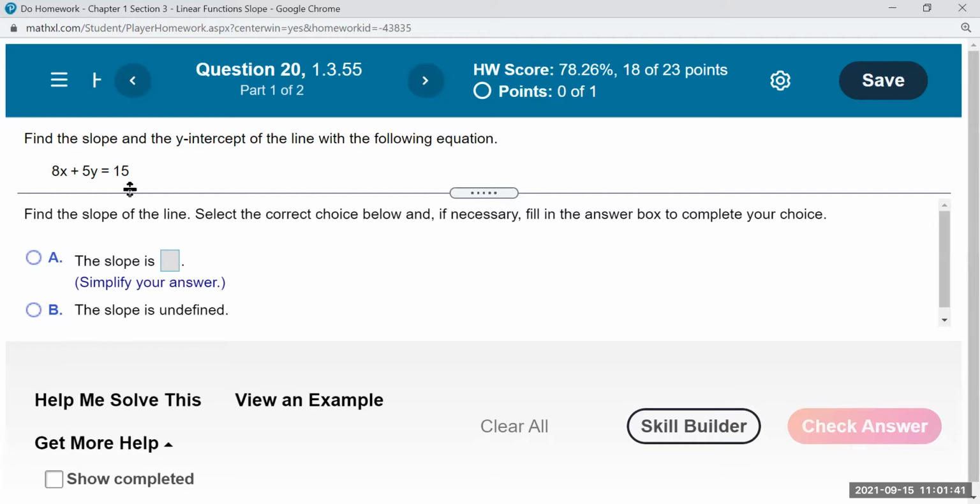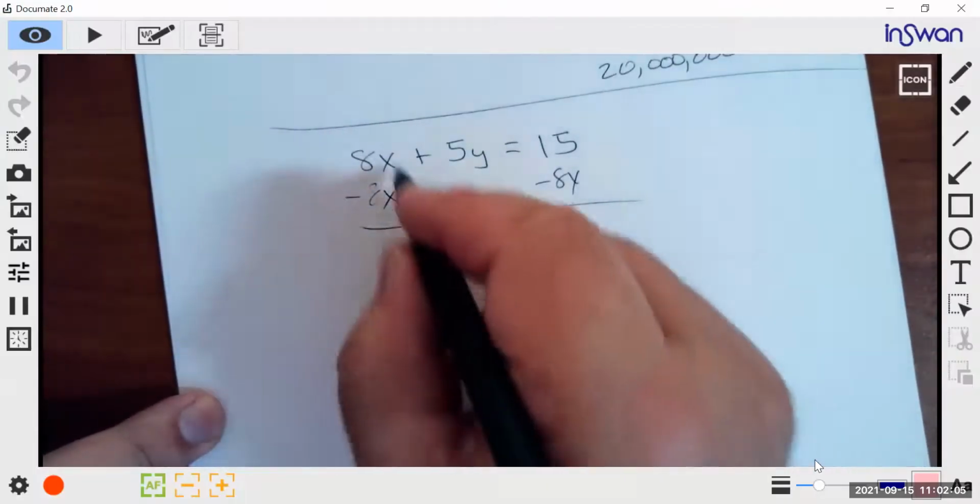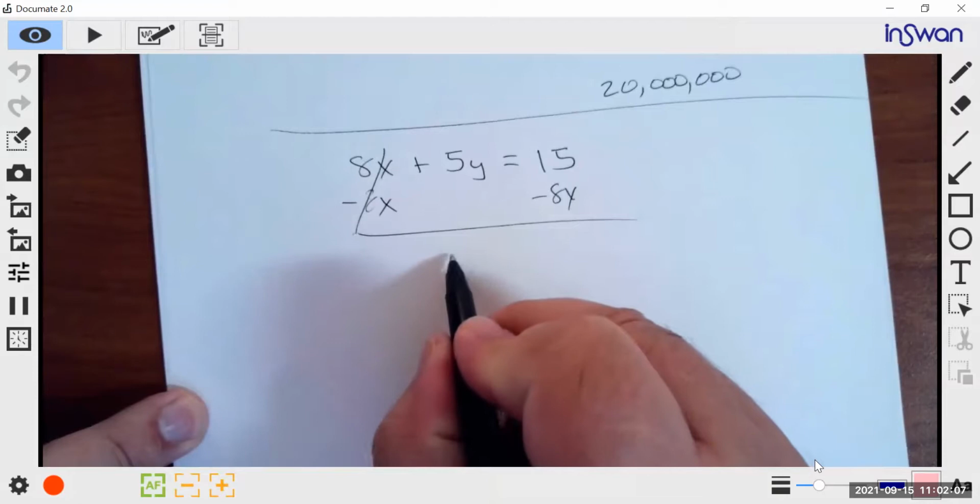In order to find the slope and the y-intercept, we have to put it in slope-intercept form, y equals mx plus b. So let's solve for y. What's the first thing we get rid of? The 8x, right? Yeah, so the first thing I have to do is get rid of the 8x.